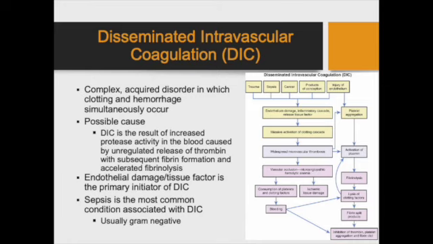It's an acquired clinical syndrome, and what you'll see is first widespread activation of coagulation, which results in fibrin clots in medium and small vessels, or the microvascular system, throughout the body.